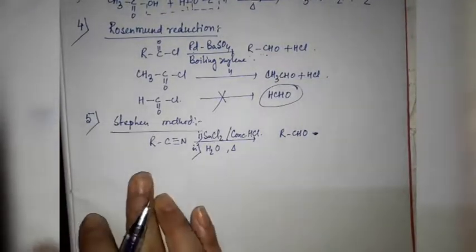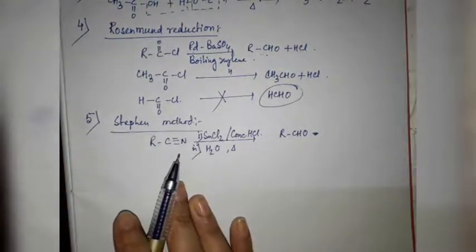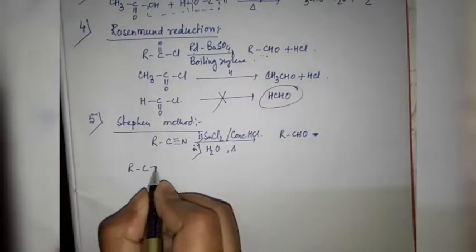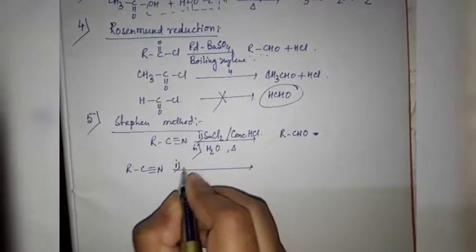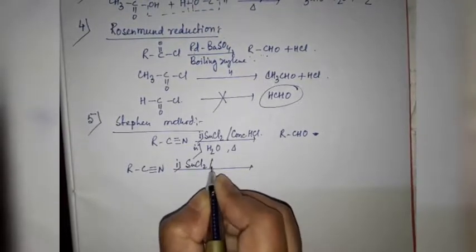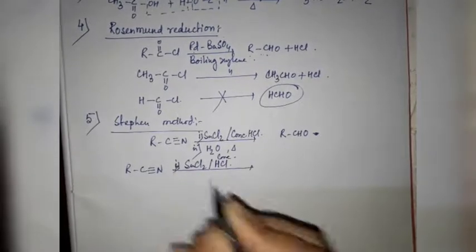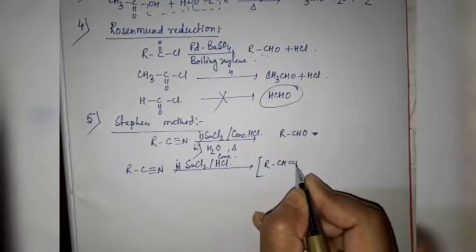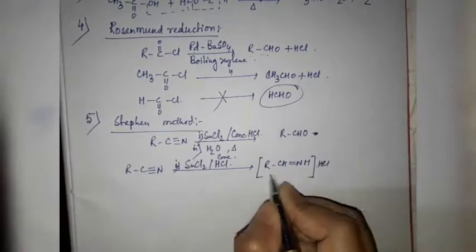Actually this reaction occurs through the formation of imine. That means this RCN after treatment with SnCl2 and concentrated HCl produces RCH=NH.